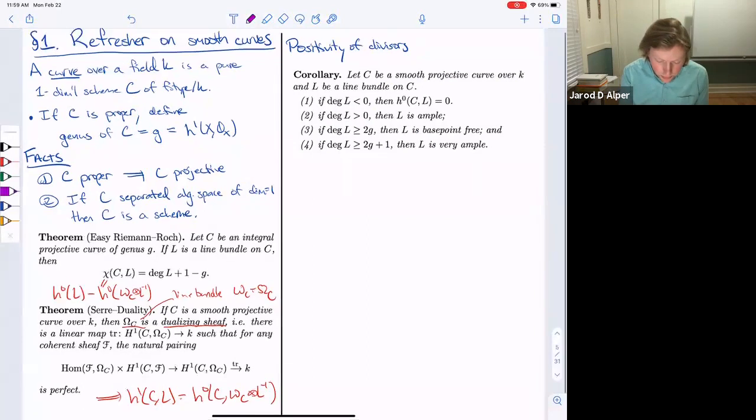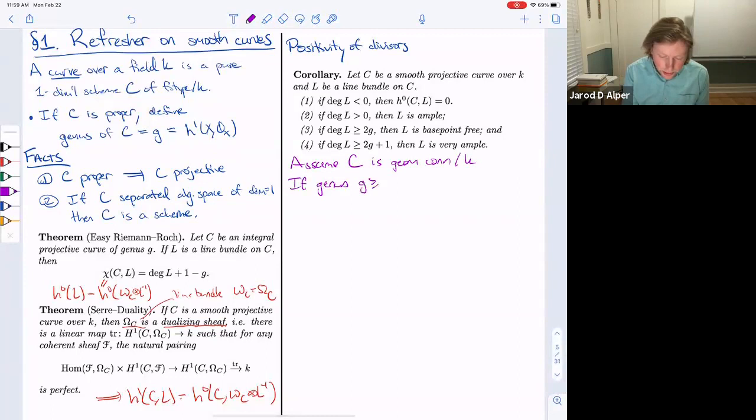So let's just assume C is geometrically connected over K. Then if the genus is at least 2, we can use Serre duality and Riemann-Roch to calculate the global sections.